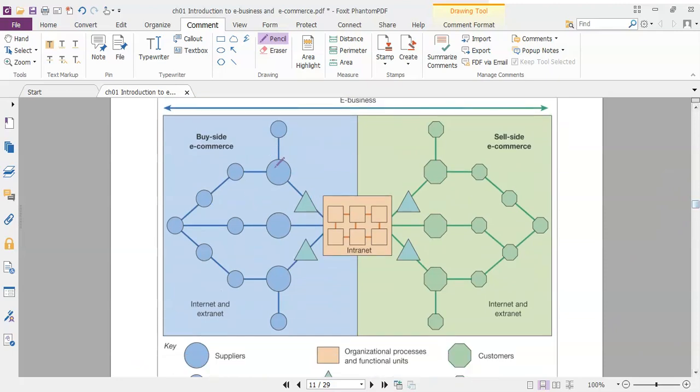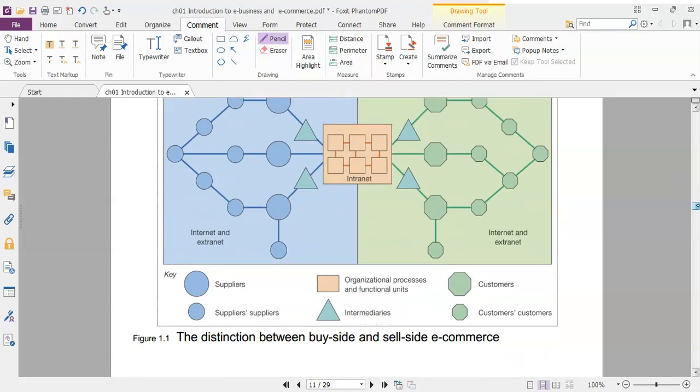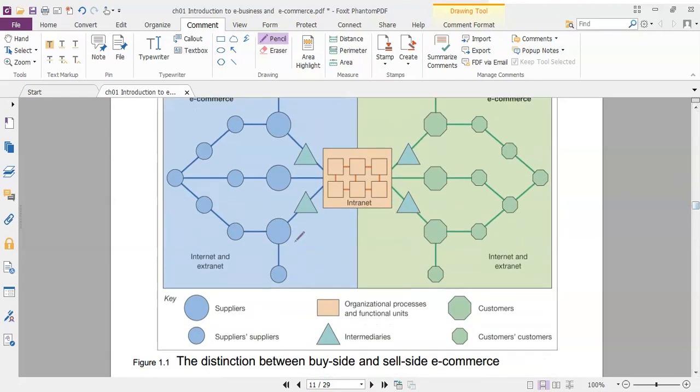The second one is for suppliers. The small circle is suppliers, which means another supplier. If you look here in the middle, the square one is the organizational process and functional units, and the triangle shape here is the intermediaries.